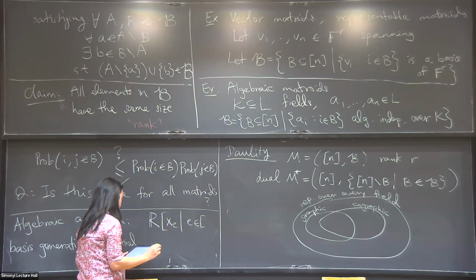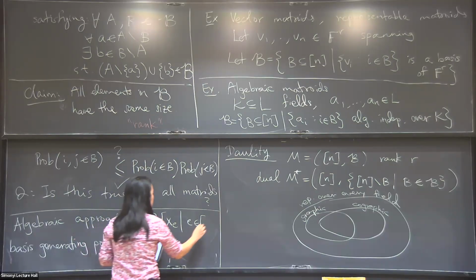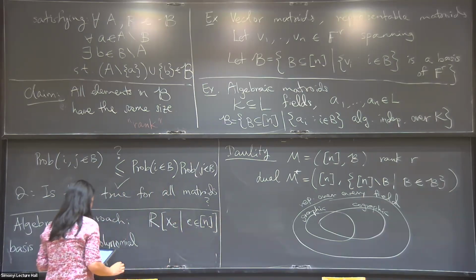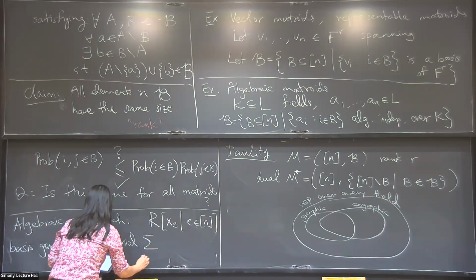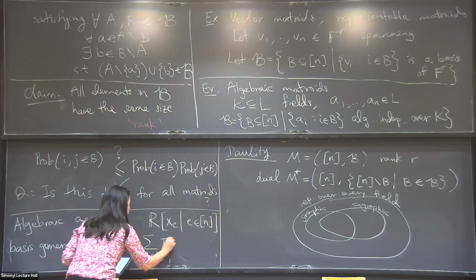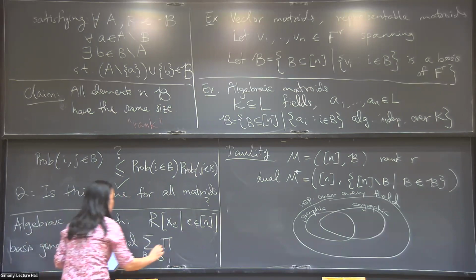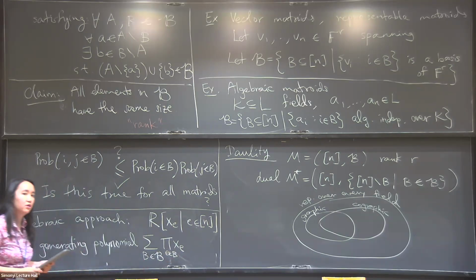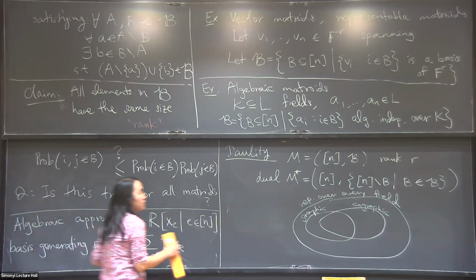So we're living in a ring where the variables are indexed by elements in my ground set. And then the basis generating polynomial is you sum over all the bases, and for each basis you have a monomial. Each basis is represented by a monomial.